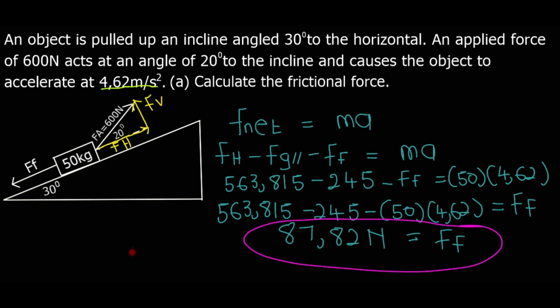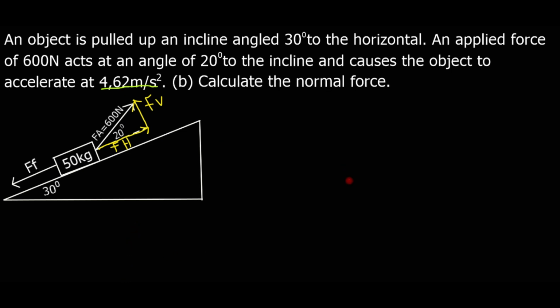Let's look at the next problem. This one, we calculate the normal force. Now notice something. Remember we discussed previously that in this direction and in this direction, these forces are balanced. But now there is another force going in this direction. This component here, FV, is going upwards.